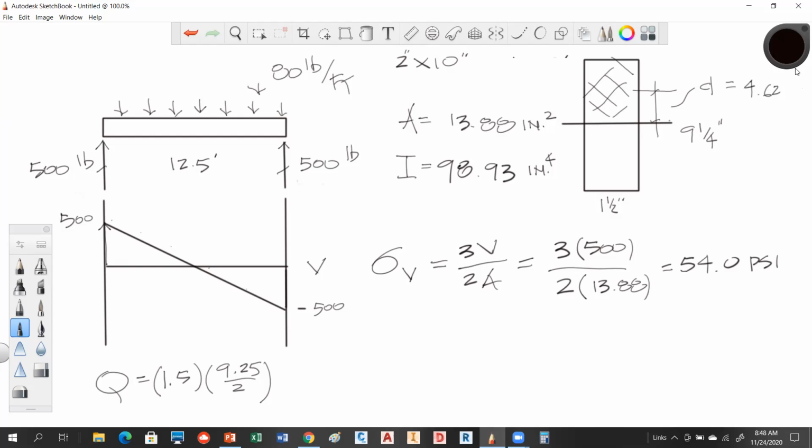Yeah, I was wrong. My 4.6 was the total half, right? Yeah. You're right. Absolutely. Thank you. So let me erase this. Okay, so yeah, we have half of the 9 1/4, or a quarter of it, right?